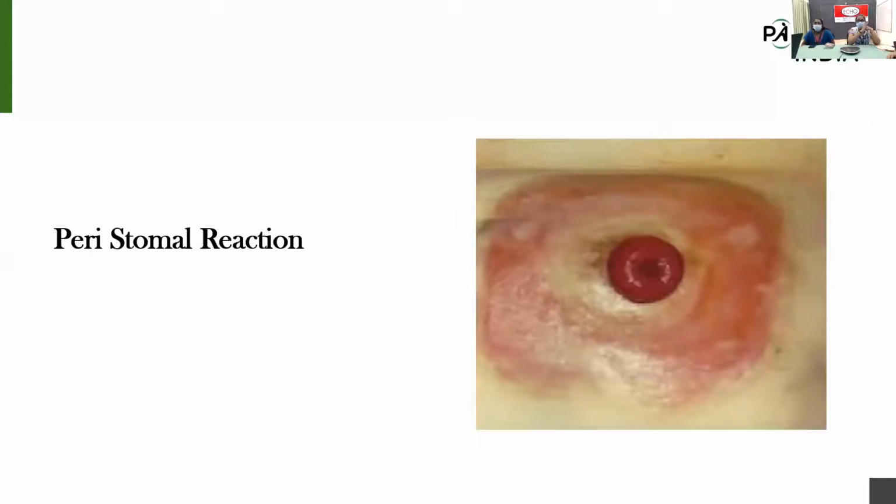Next. Then peristomal reaction. This is very common. The skin around the stomal area will have some kind of reaction. This might be due to an allergy to the colostomy bag, or it might come if we are not using the correct size bag. This is called peristomal reaction.